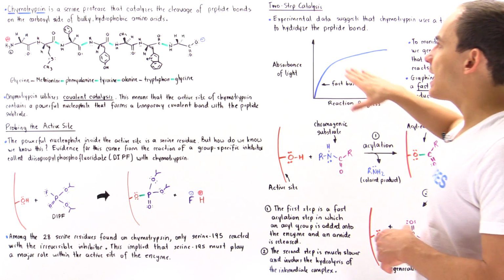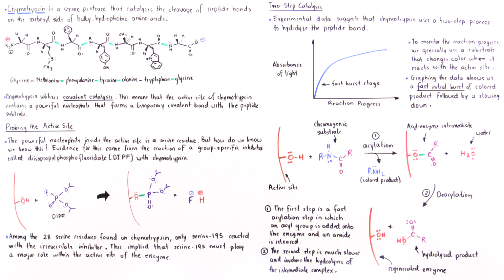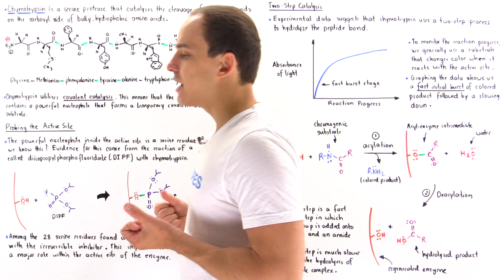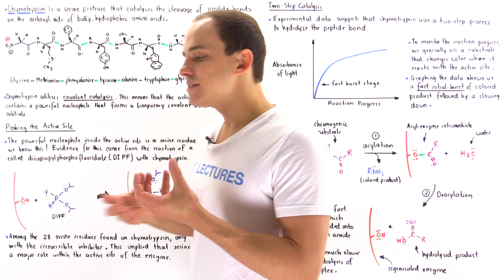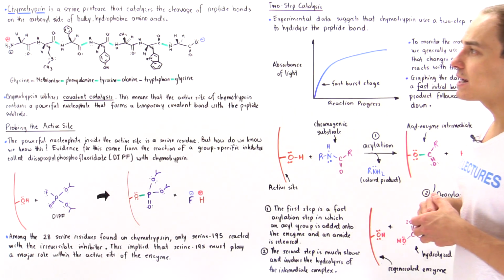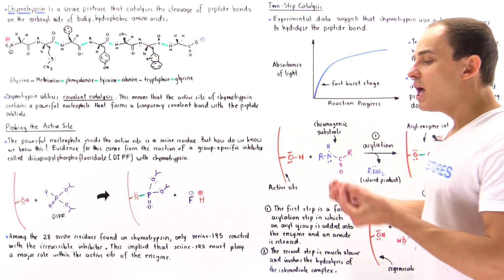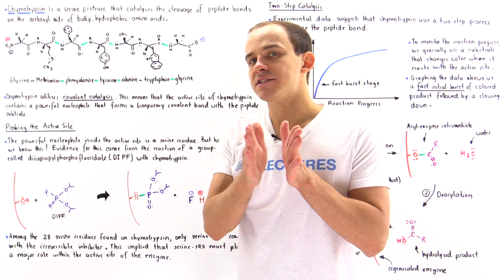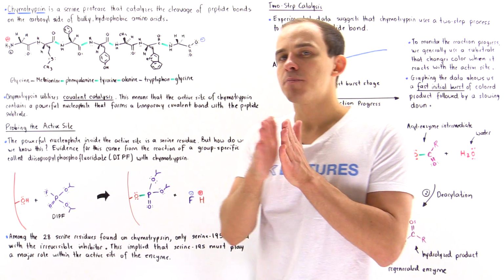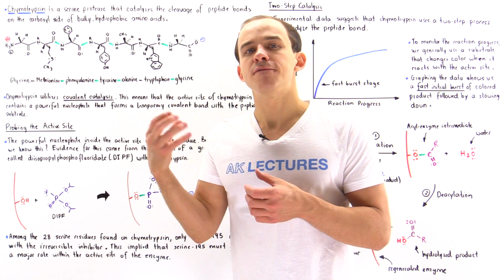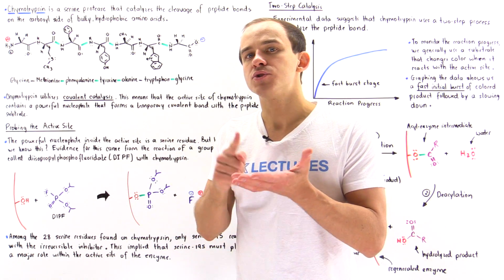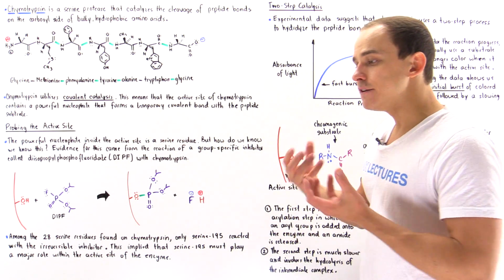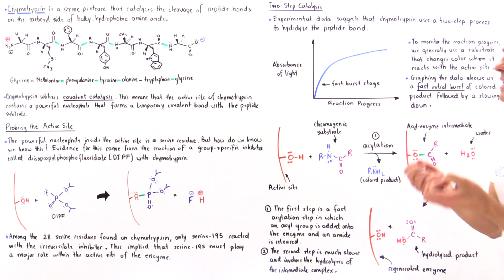So we see that experimental data suggests that chymotrypsin uses a two-step mechanism to hydrolyze peptide bonds. The way that scientists studied the reaction mechanism of chymotrypsin is by using a special type of substrate molecule that, when reacted with the active site, produces a product that gives off a color. So we can study the absorption of light when that colored product is produced, and that gives us information about what happens in that reaction.